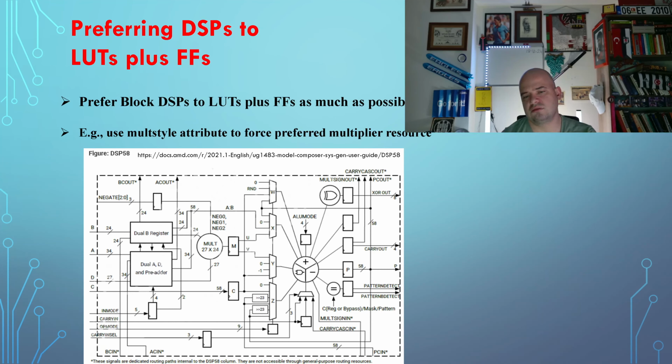Because if you don't write your plain VHDL code or plain HDL code in an appropriate way, the tool cannot fit your design into these DSPs and automatically uses lookup tables and flip-flops.